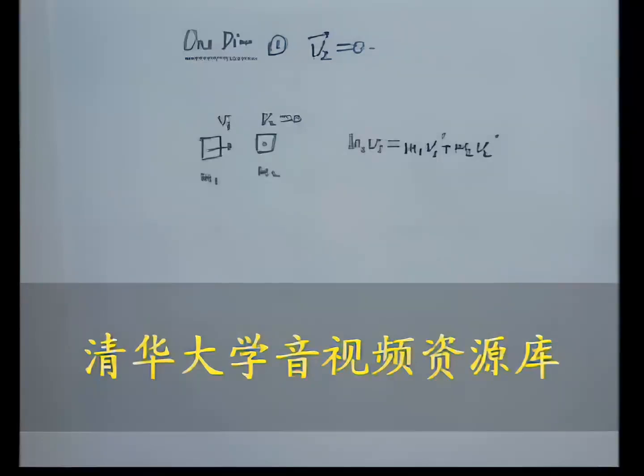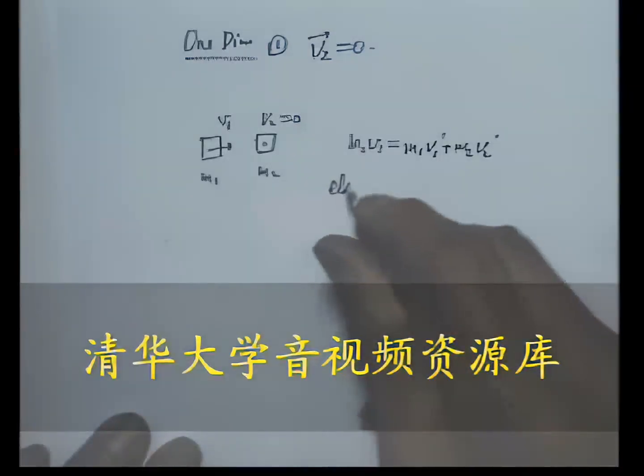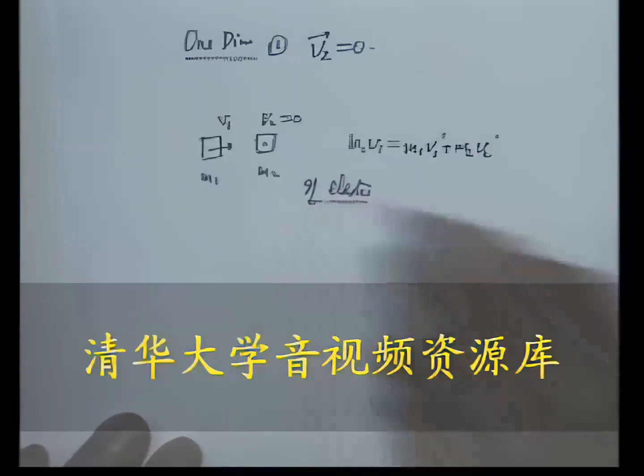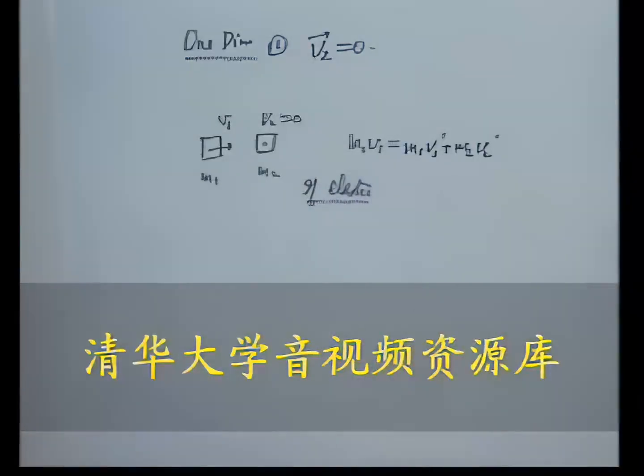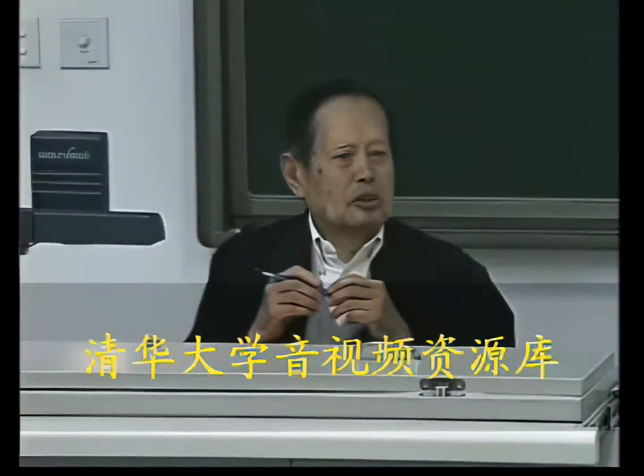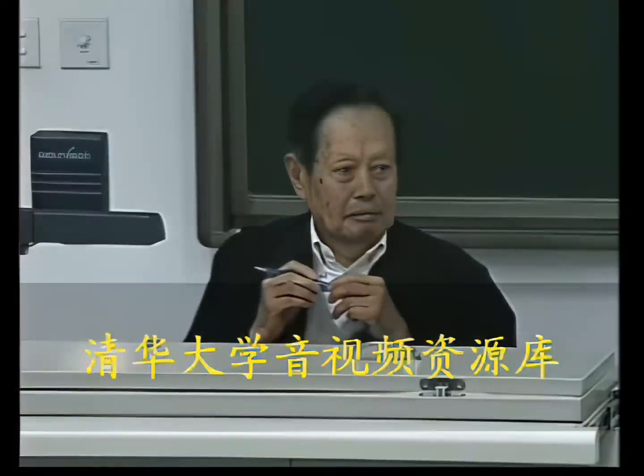This first conservation of momentum is always correct. It may or may not be elastic. If it's billiard balls colliding with each other, it's almost 100% elastic.